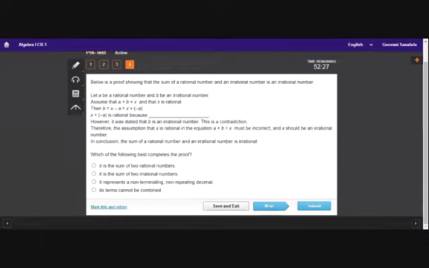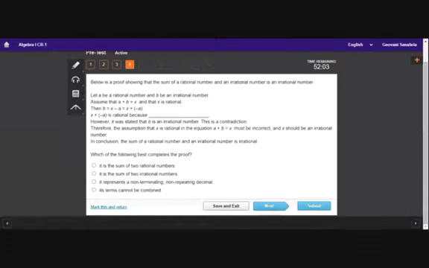It's just like adding the whole number parts before the decimal, but then you'll still have the non-repeating decimal part. So if you add a rational number and an irrational number, it'll be forced into an irrational number.